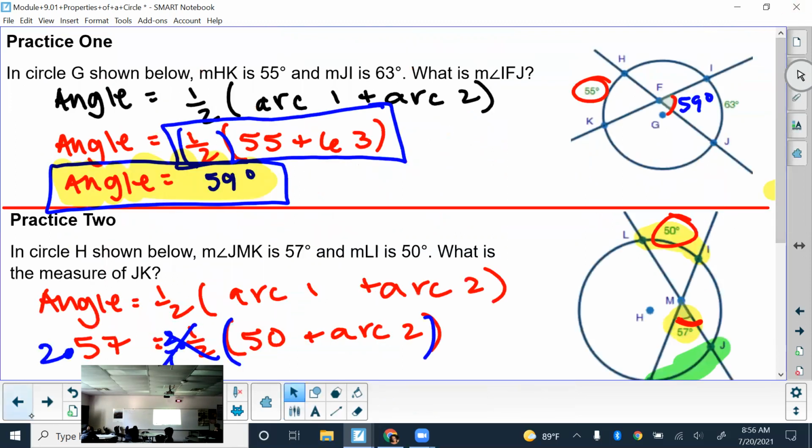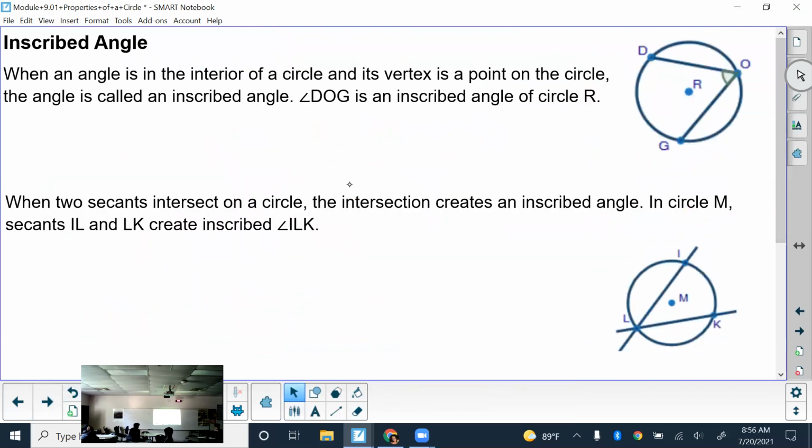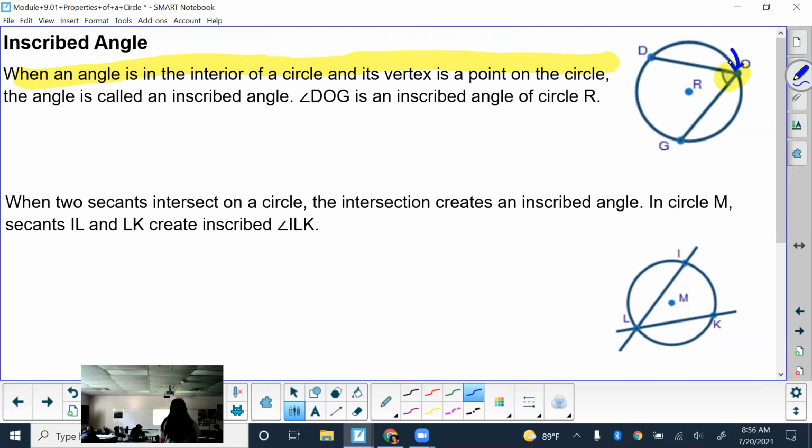All right. So now let's talk about inscribed angles. So those are important. They are angles in the interior of a circle where its vertex is a point on the circle. So see how, vertex would be like right there, the point of your angle, where the two lines meet is your vertex. And on inscribed angles, it touches like an edge of the circle.